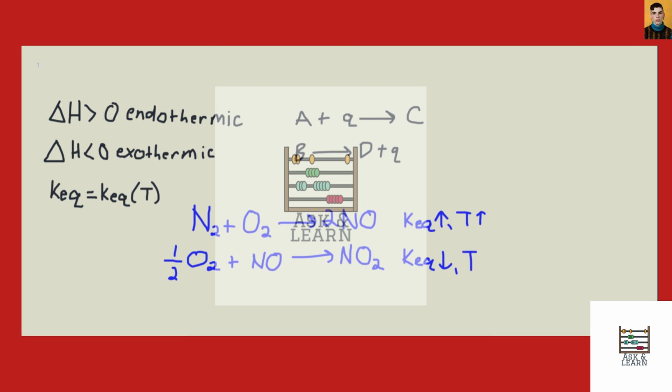So based on this, we can determine whether these reactions are exothermic or endothermic. Remember, for endothermic reactions, if you're increasing your heat, you're increasing your Q, it's going to shift your equilibrium to the right, and your equilibrium constant will be greater. So this is an endothermic reaction.